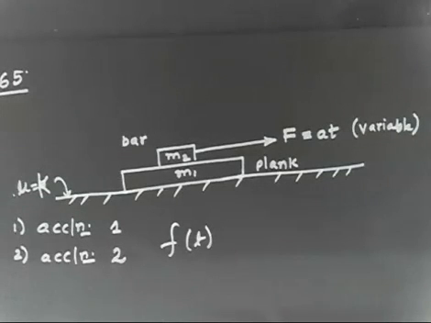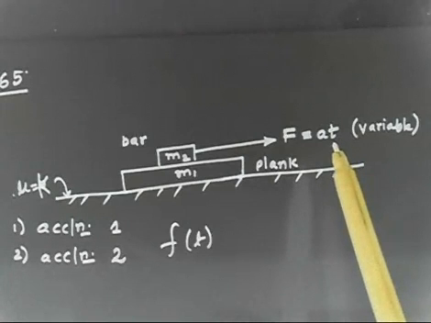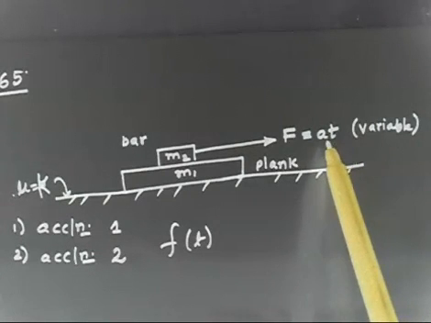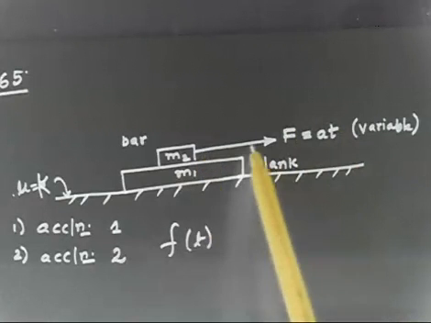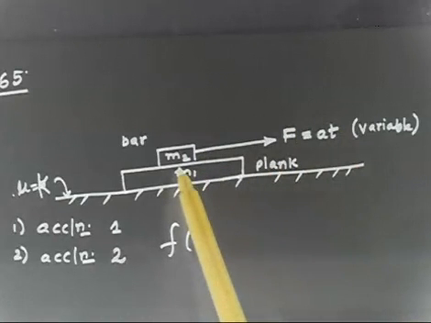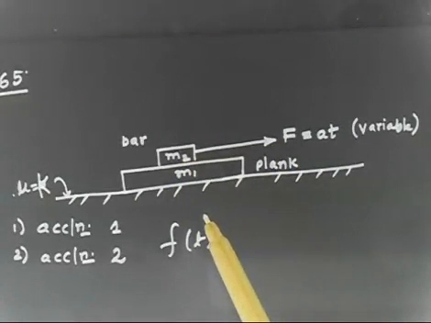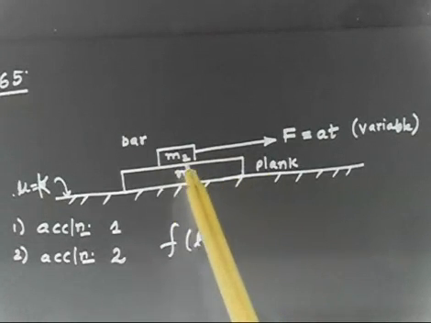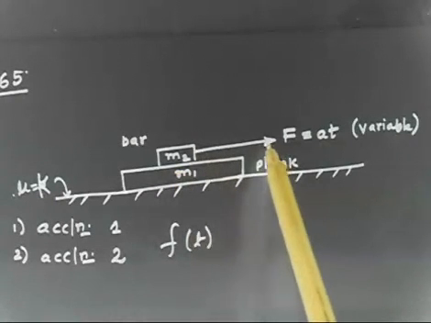So how will we proceed? You see, when time is very small, at t equals 0, this force is very small. Gradually this force increases. But as soon as this force increases, there is a friction force also. So initially, this block and this block will both move together. Do you agree with this point or not? Let me know. You see, initially the friction force is very small, and this force is also small.